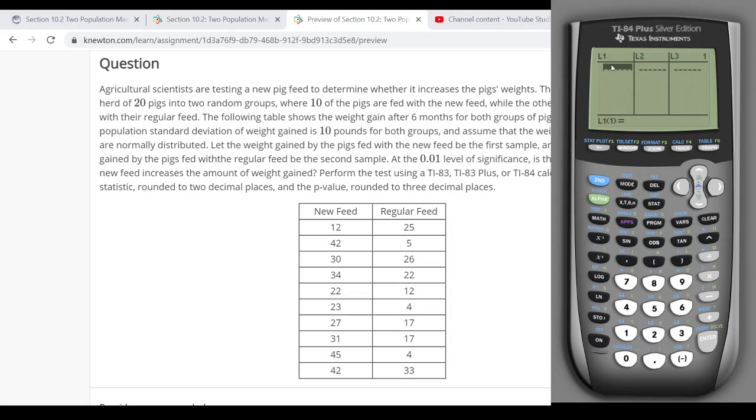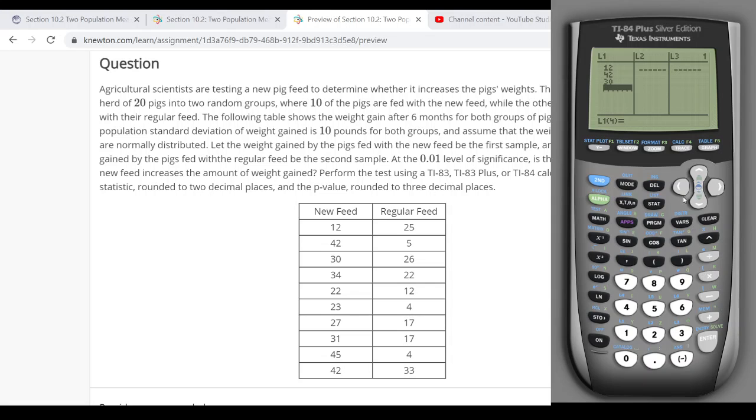So down L1, I'm going to list the amount of weight gained by those 10 pigs eating the new feed. So 12 and 42 pounds and 30 pounds. And then when I'm done with this, I'm going to go down L2, down list 2, and enter the weight gains for those 10 pigs eating regular feed.